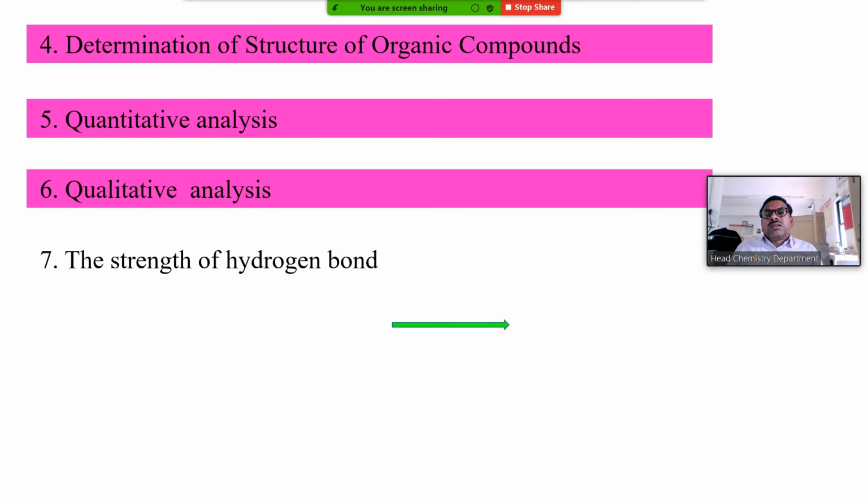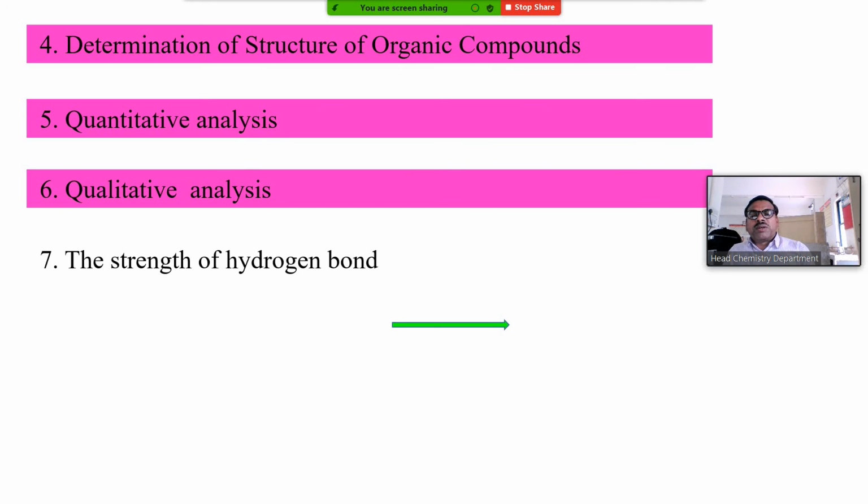Likewise, information you are getting from quantitative analysis. So in quantitative analysis, you are getting a particular number, while in qualitative analysis, you will get different qualities of that organic compound. Next application that we have here is called the strength of hydrogen bond.